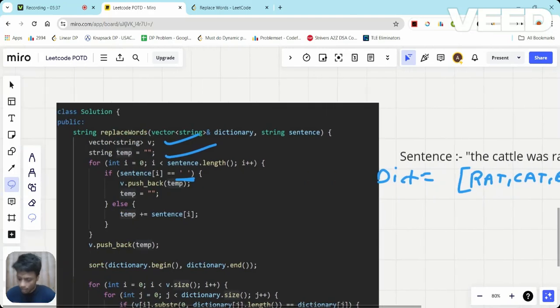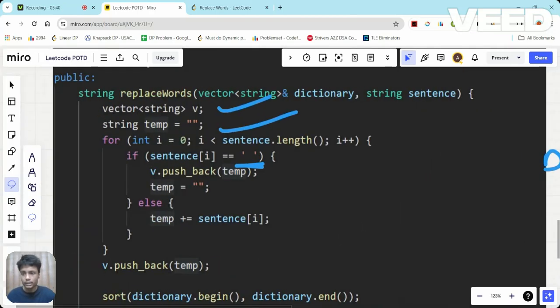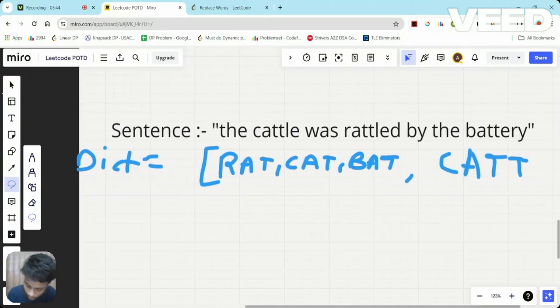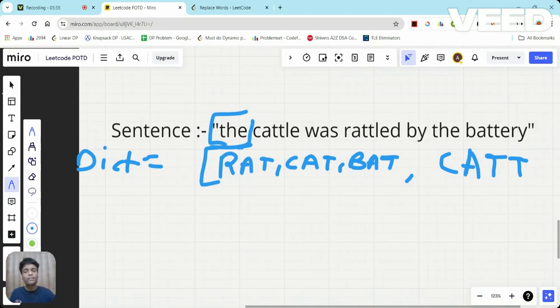Now look at how I am inserting the words into v. First of all, I will start iterating from the start. As soon as I get a space, it means the word is completed, and it's the perfect time to insert this word into vector v.